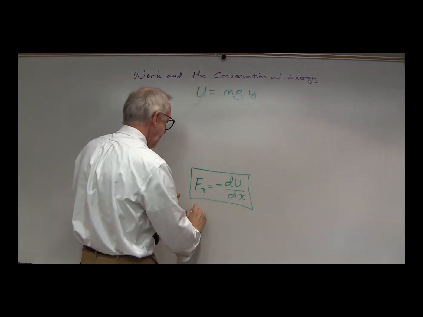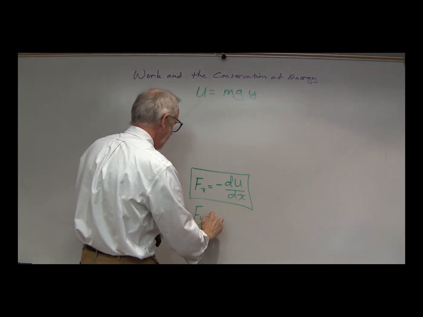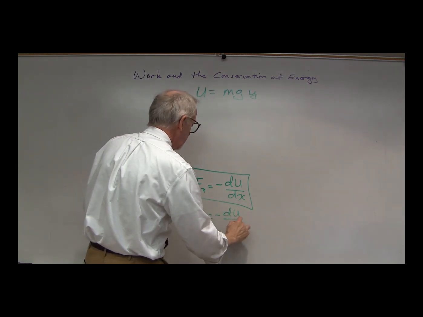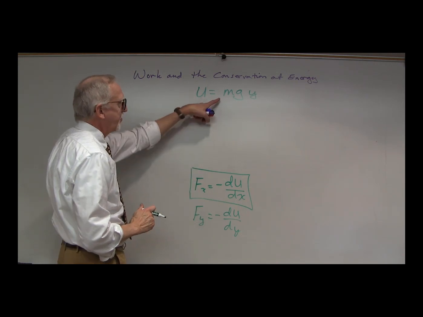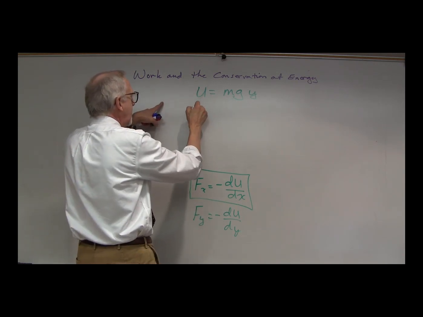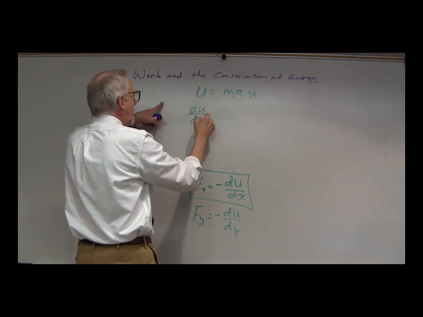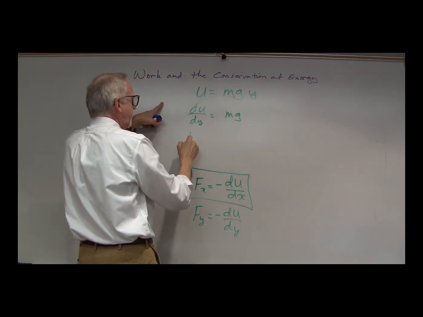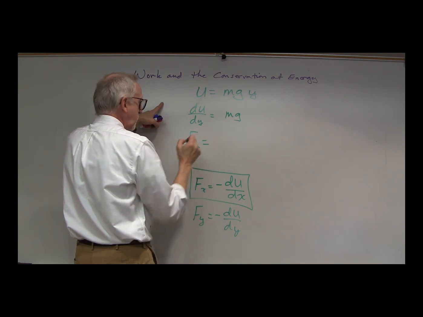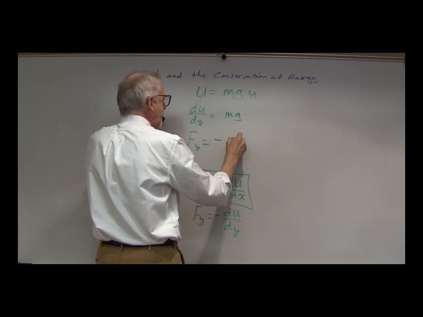We were talking about the vertical axis as y. Let's write this then as f sub y is negative du dy, and see what we get. If we differentiate this with respect to y, du dy is mg, which means the force in the y direction will be negative mg.